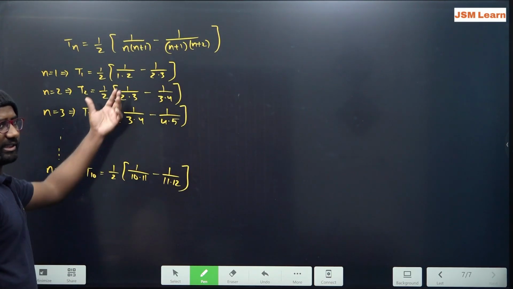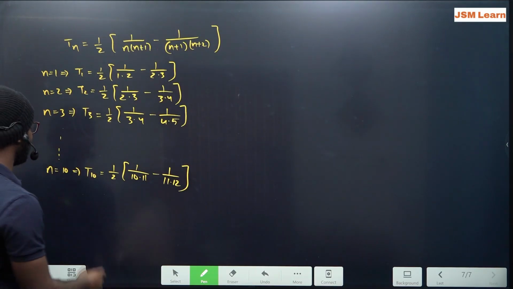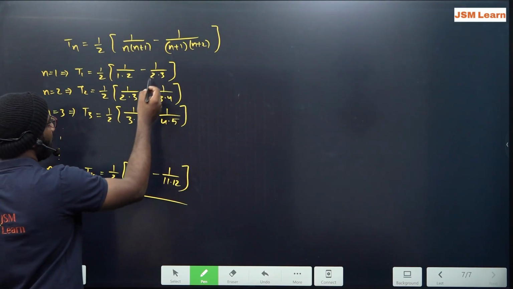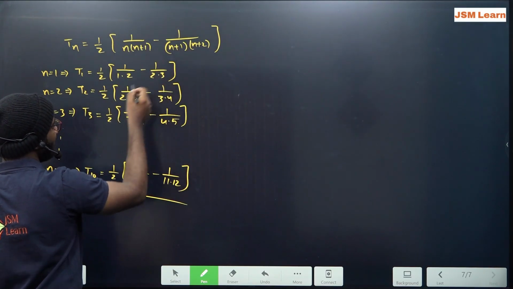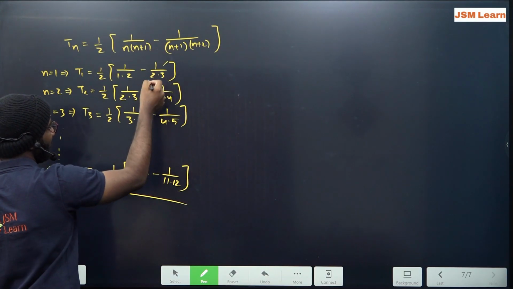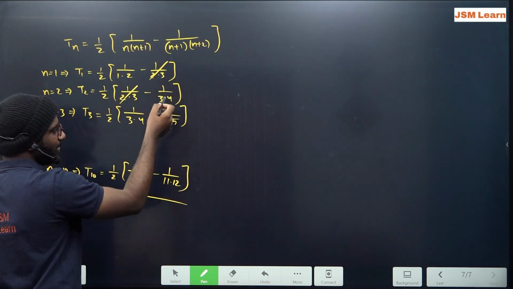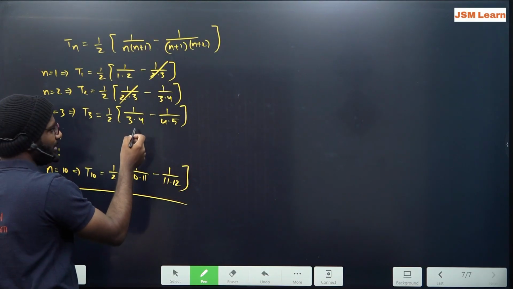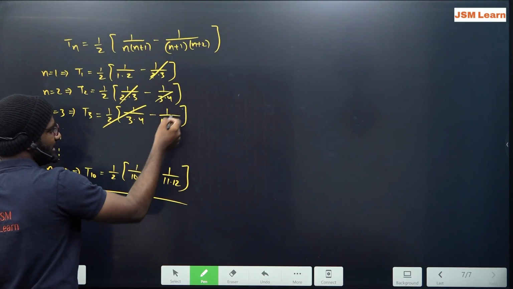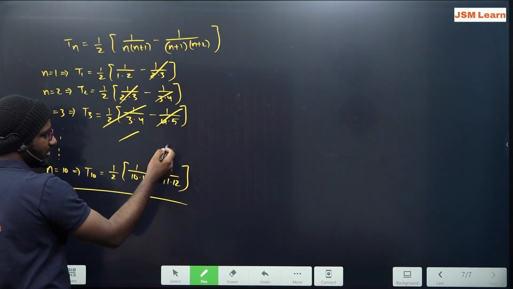So by observing these terms, if we add all these terms, here 1 by 2 times minus 1 by 2 into 3 and 1 by 2 times 1 by 2 into 3 will get cancelled. Next 1 by 2 times minus 1 by 3 into 4 and 1 by 2 times 1 by 3 into 4 will get cancelled, and it will continue further also.